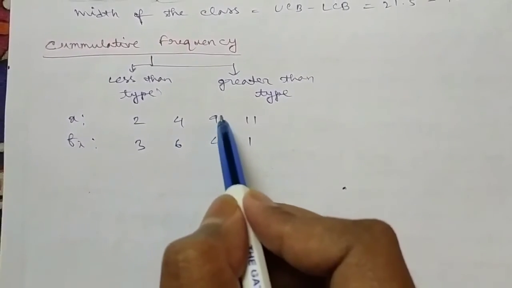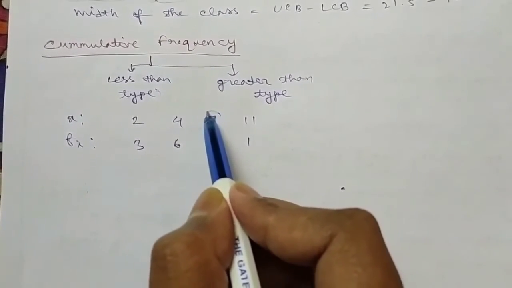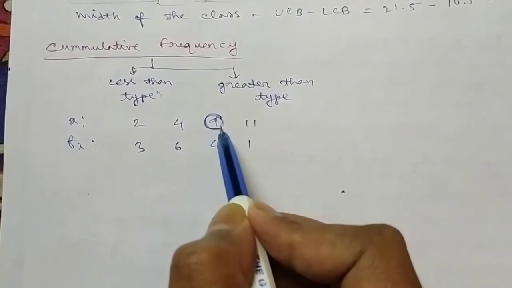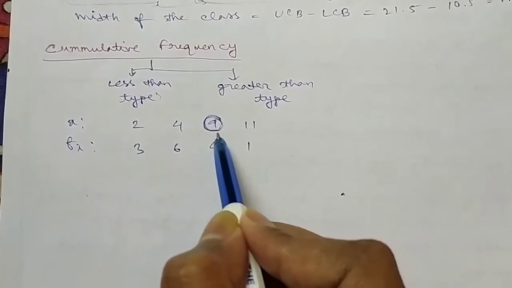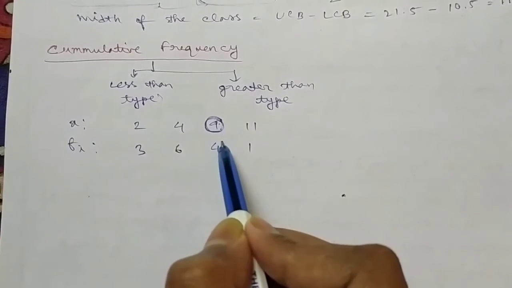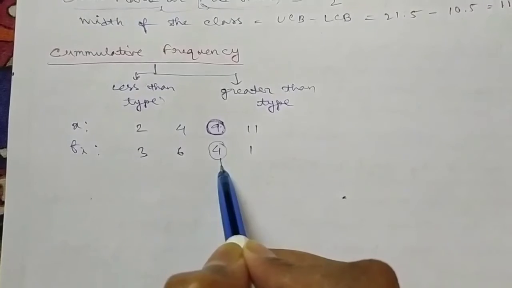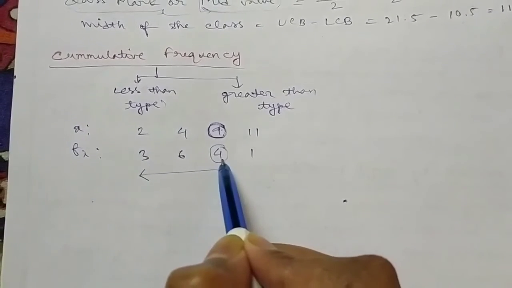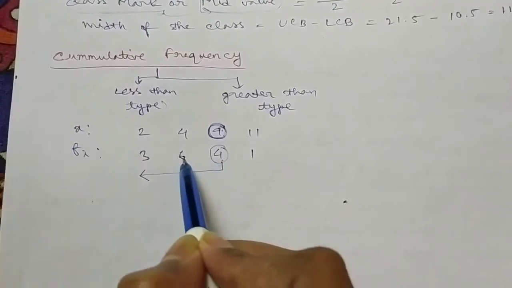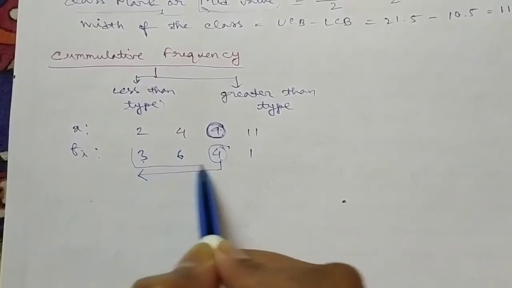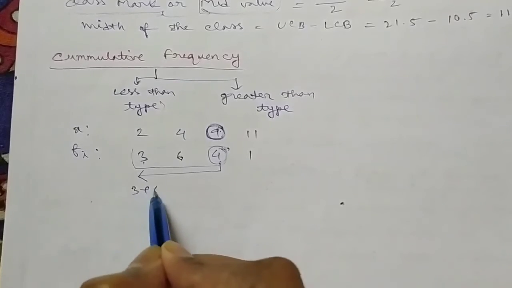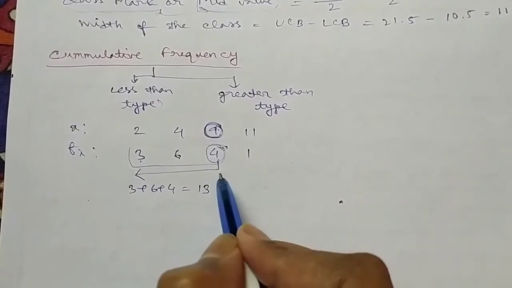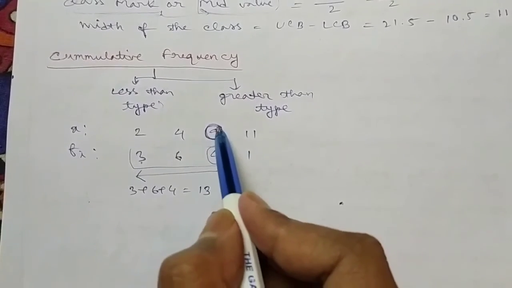In this case, if we ask what is the less than type of cumulative frequency of class 9, then the frequency of class 9 is 4, and the previous frequencies are 4, 6, 3. Add these three things, 3 plus 6 plus 4, that is 13. This is the less than type frequency of class 9.